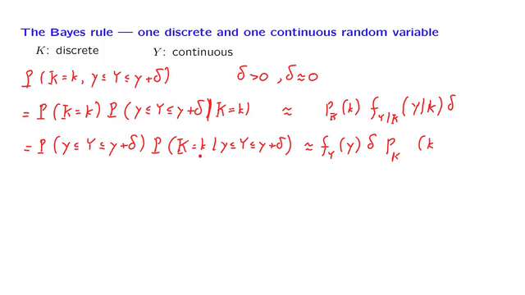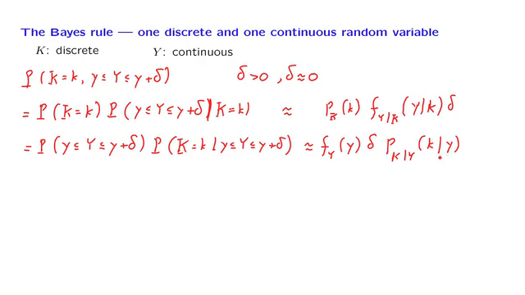However, we're talking about a conditional probability given that Y takes a value that's approximately equal to a certain little y. This is a notation that we have not used before, but its meaning should be unambiguous at this point, just by arguing by analogy to what we have been doing all along. It's a PMF of a discrete random variable, but it is a conditional PMF. It describes the probability distribution of the discrete random variable K when the random variable Y, which happens to be a continuous one, takes on a specific value.